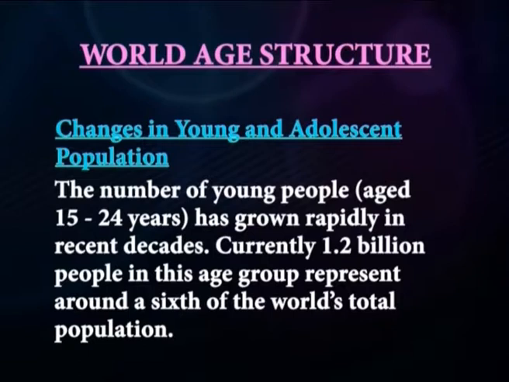Currently, 1.2 billion people in this age group represent around a sixth of the world's total population. The population aged 15 to 24 is still increasing rapidly in Africa, whereas it is declining or is projected to decline in all other major areas.